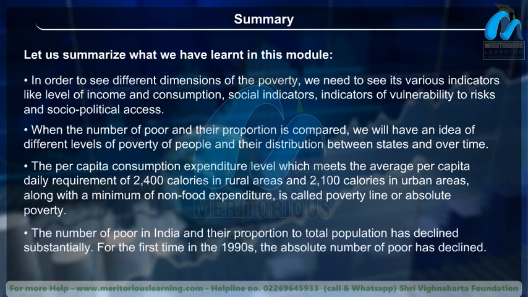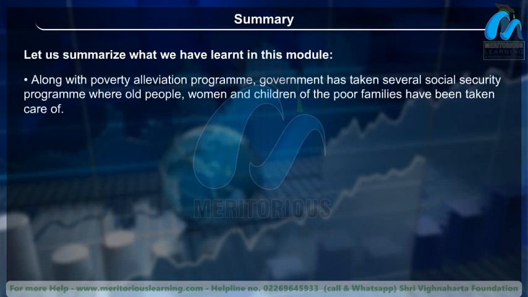The number of poor in India and their proportion to total population has declined substantially. For the first time, in the 1990s, the absolute number of poor has declined. Along with poverty alleviation program, government has taken several social security programs where old people, women and children of the poor families have been taken care of.